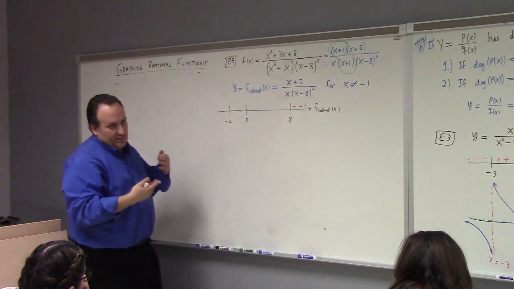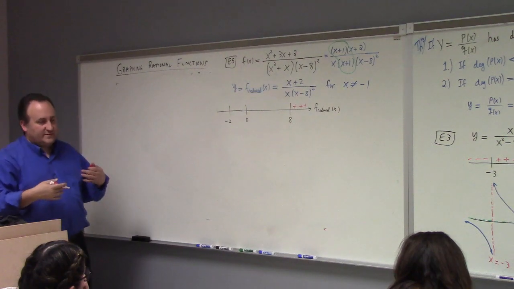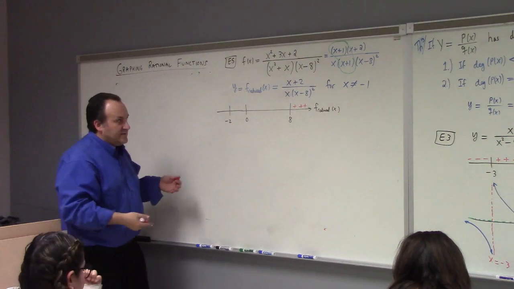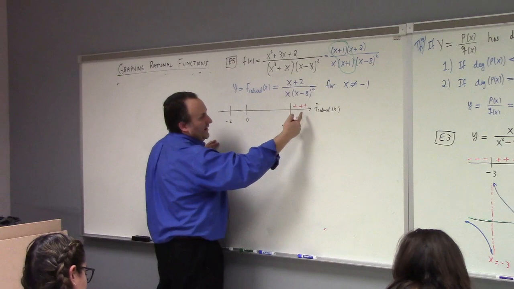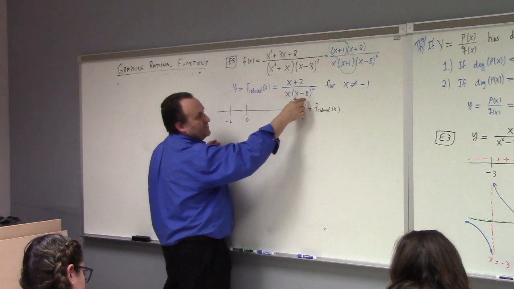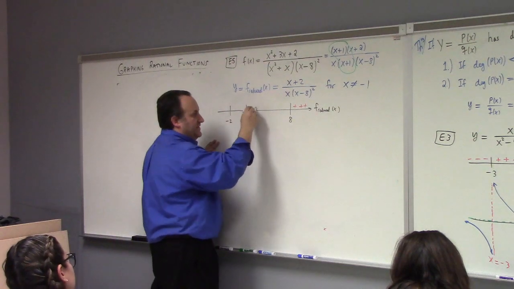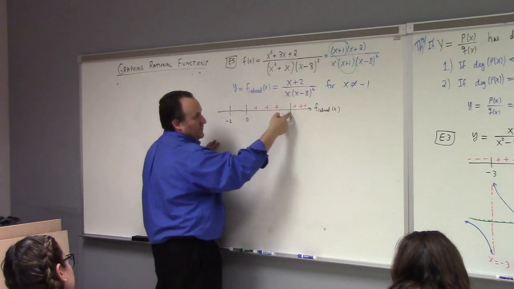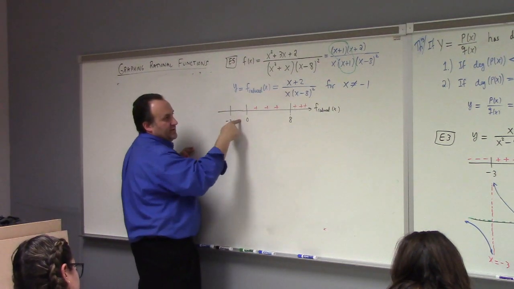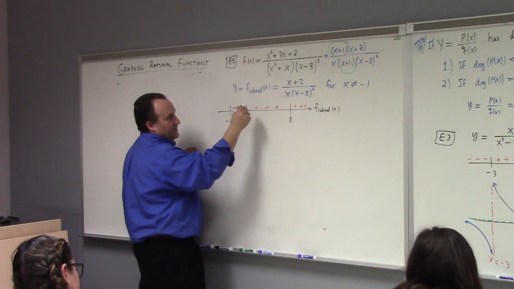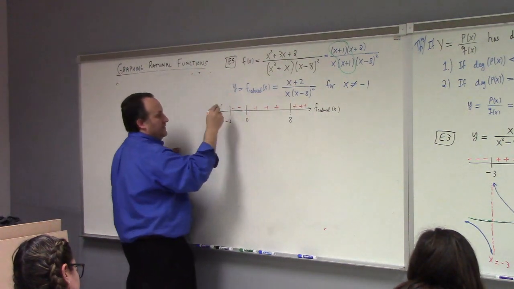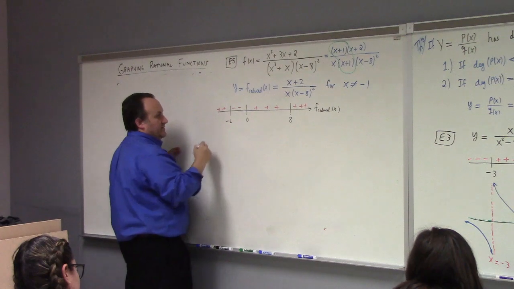Again, don't assume that's always the case. I may make it so it's not the case on the test. Think through it. Then how about this? Oh, look, multiplicity 2. The story changes this time. We don't flip. We stay plus over here as well. And then at 0, we flip because we've got an x. And then at minus 2, we flip because we've got an (x plus 2), multiplicity 1.